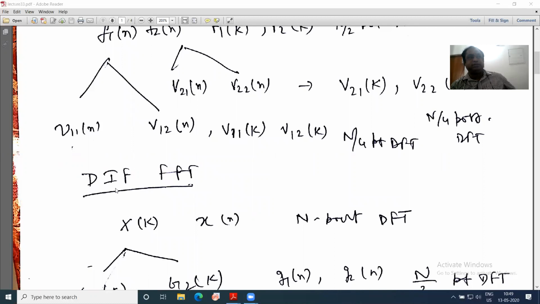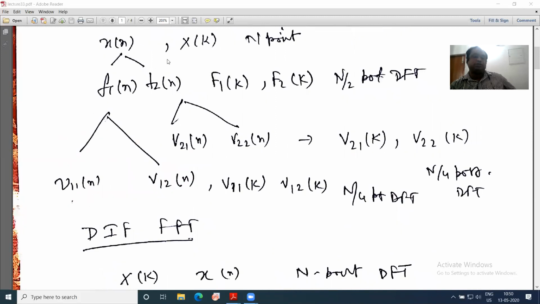In DTFT, the frequency domain is continuous even though the time domain is discrete. But in DFT or FFT, both time and frequency are discrete. So this is the major advantage of DFT or FFT. Now, the decimation in frequency approach.